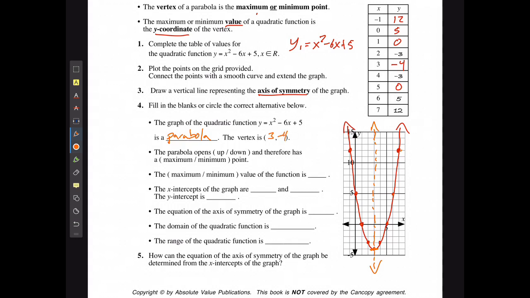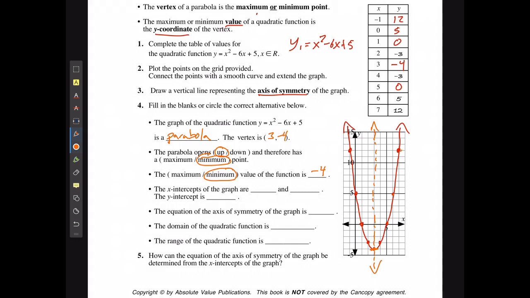This parabola opens upward and has a minimum or lowest point. The minimum value is the y value at the vertex. In this case, it's -4.